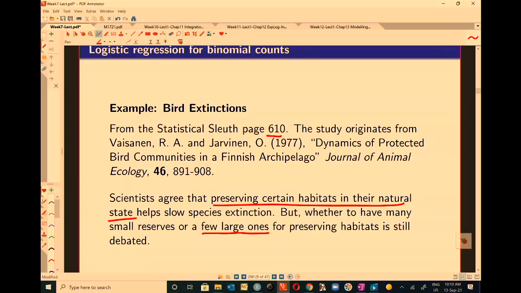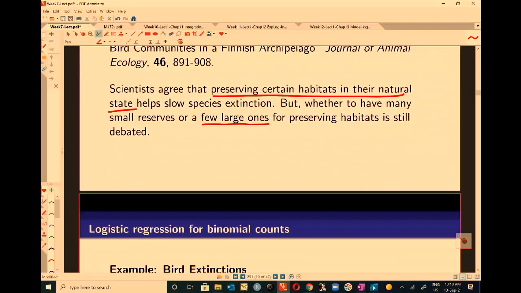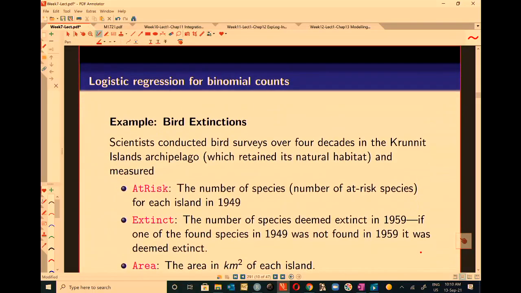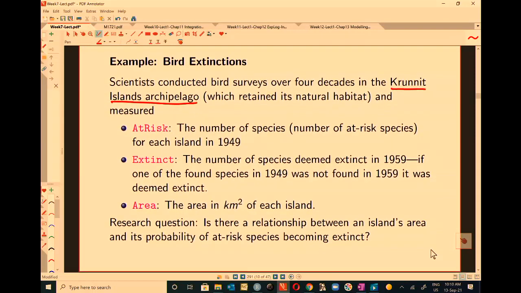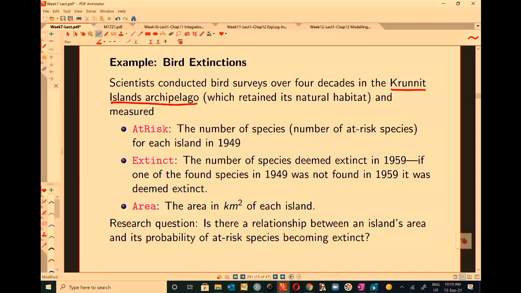So the data here comes from these islands they're looking at, the Krunnit Islands. You can work out where it is and tell me. This has retained its natural habitat, so we're looking at things as they are, not artificially put together. What we're looking at here is the number of species at risk.